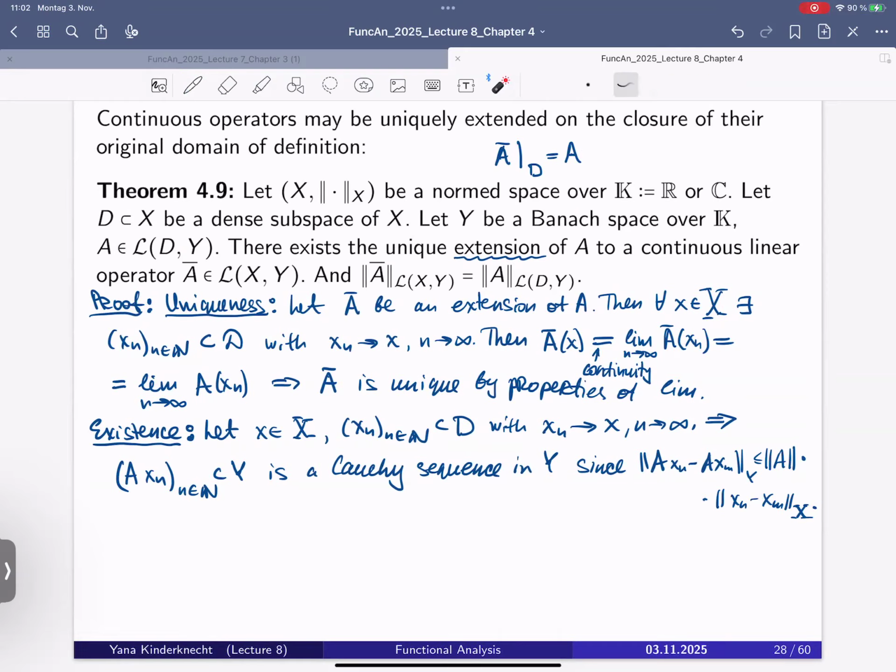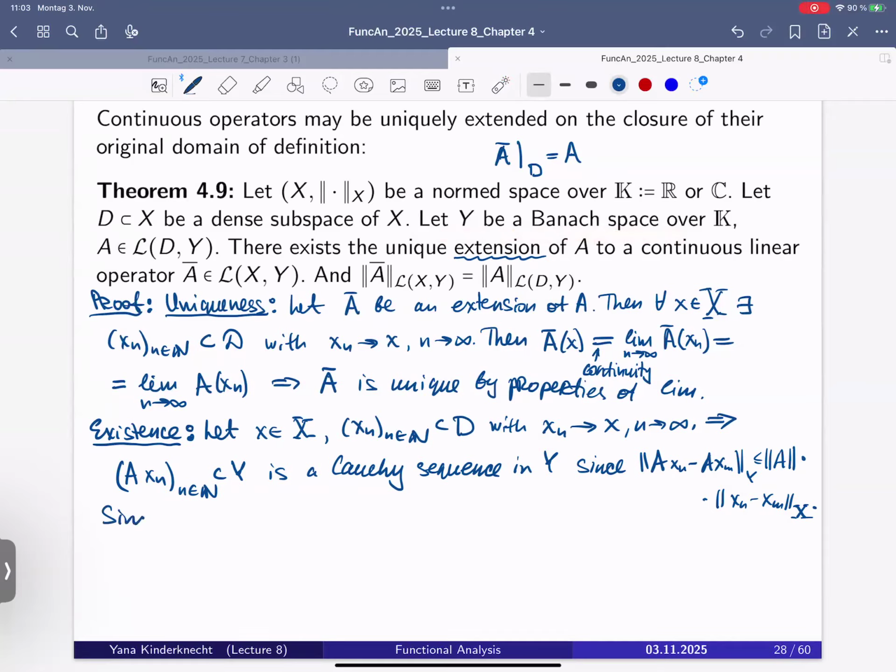Hence, since xn is a convergent sequence, it is a Cauchy sequence, so this thing tends to 0 when n and m tend to infinity. And hence the same is true for the sequence A of xn. Everything happens in a Banach space Y. Since Y is complete, any Cauchy sequence has a limit.